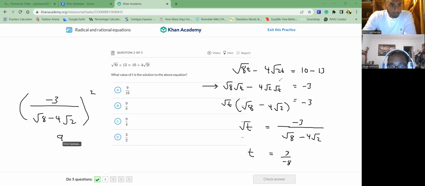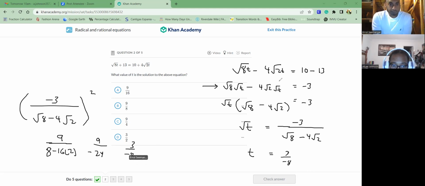Nine over 8 minus 16 times 2, which is 9 over -24, which is 3 over 8. No?